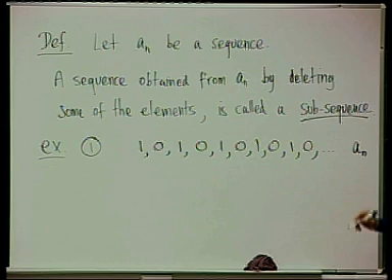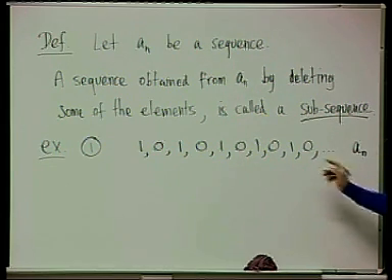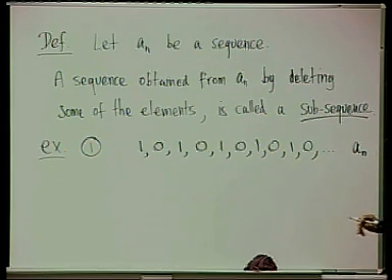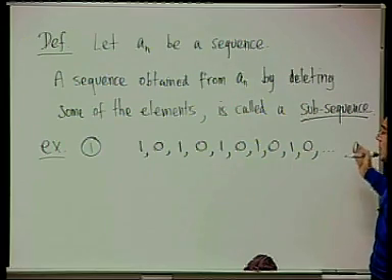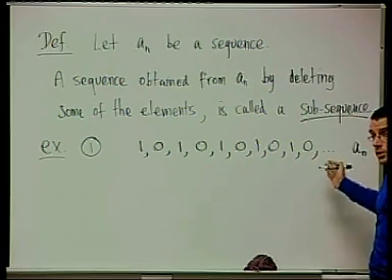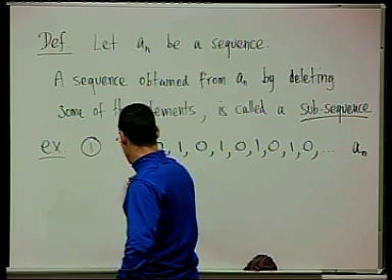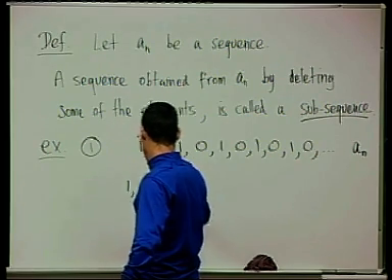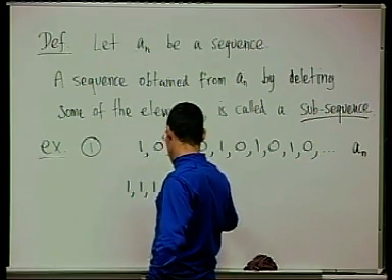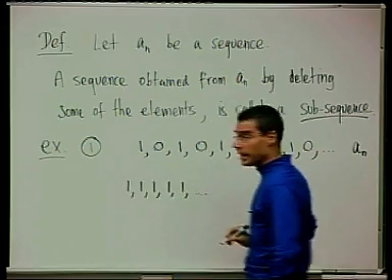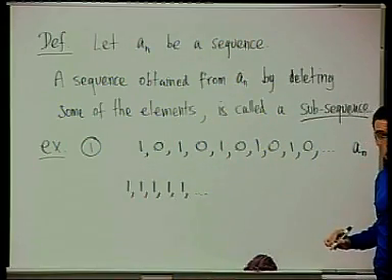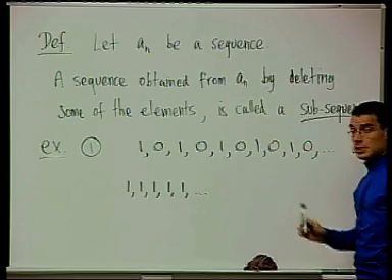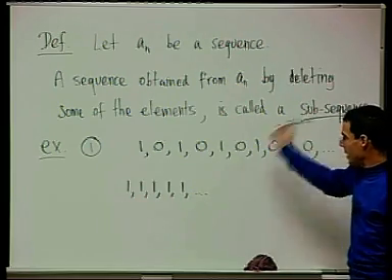No. Is it monotone? No. So do you see inside a_n a subsequence 1, 1, 1, 1, 1, dot, dot, dot? How do you get that subsequence? You knock away all the zeros.